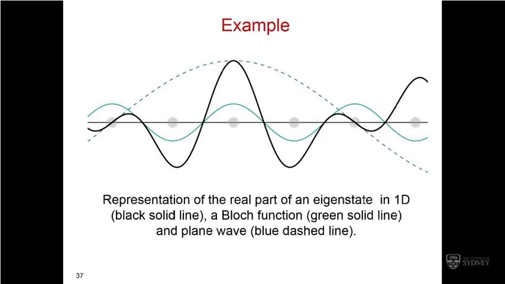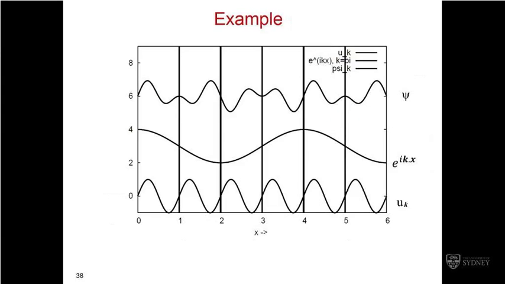You can probably recognize that there may not be a unique plane wave and periodic function to get the same wave function, which you can see in the slide after next. This just gives you another example. I think it's always useful to see what these things look like. This is your wave function, obtained by multiplying a plane wave of some form with a periodic function.